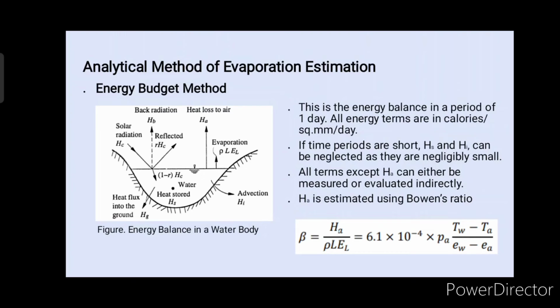HA is estimated using Bowen's ratio, wherein beta equals HA over HE, which equals that value.